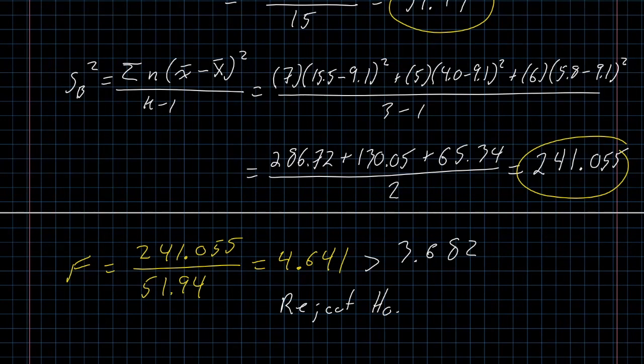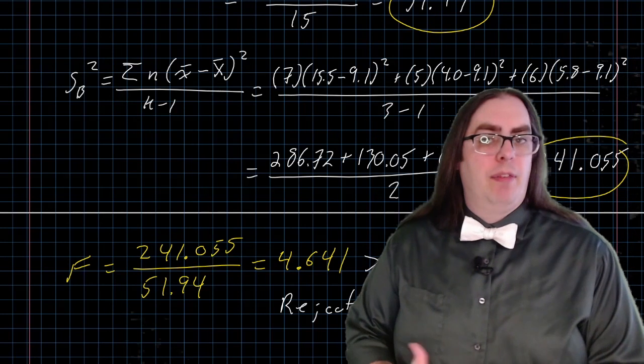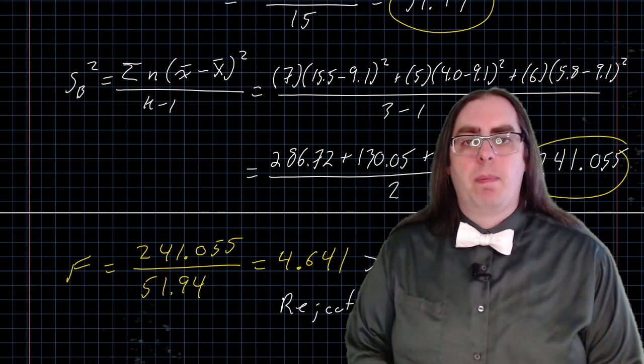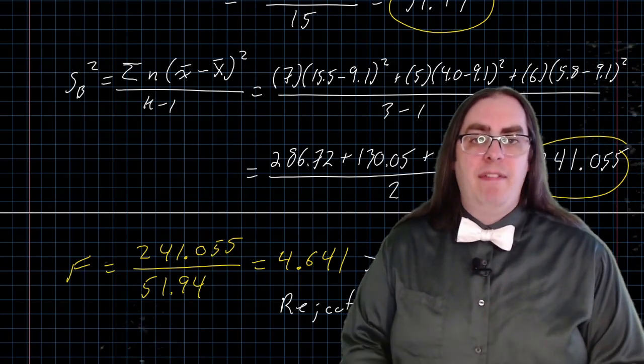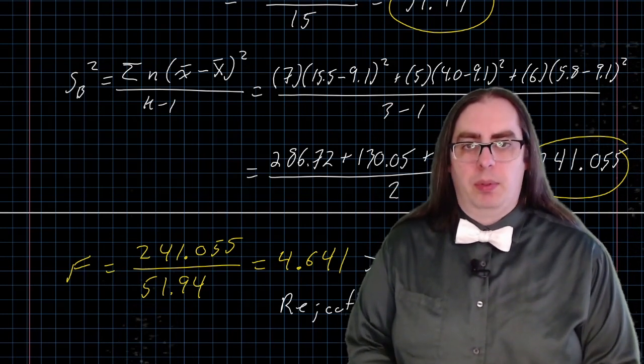So we want to reject the null hypothesis and accept the alternative hypothesis. For this distribution, for whatever these 3 samples came from, there is evidence of a difference between the means in the samples.